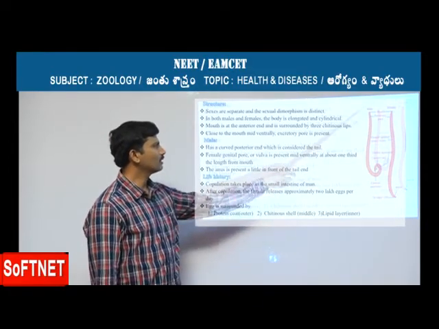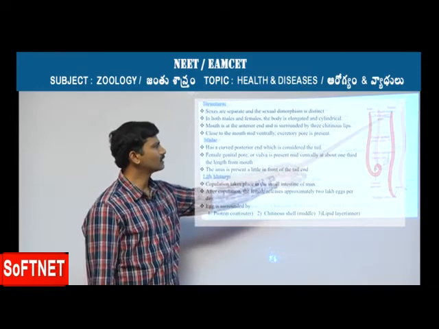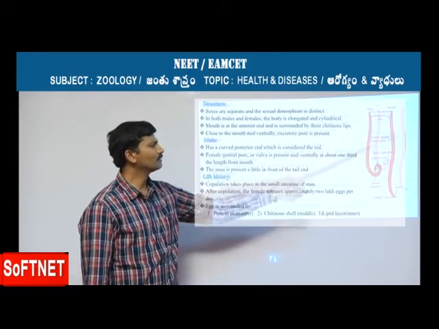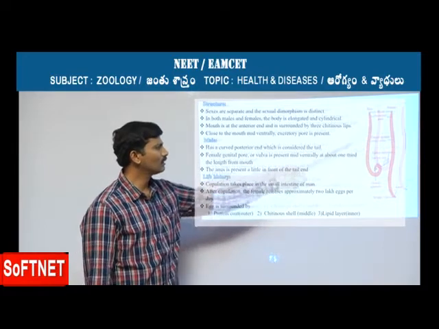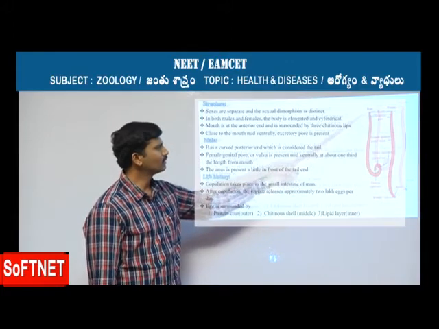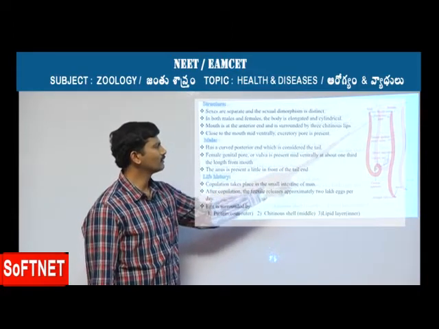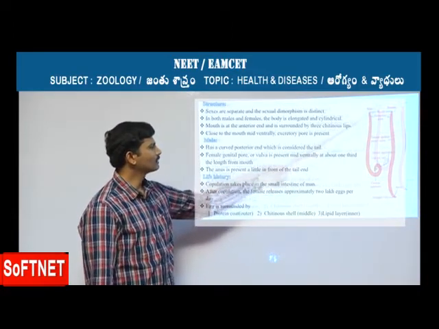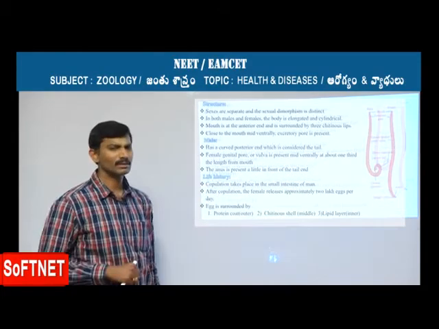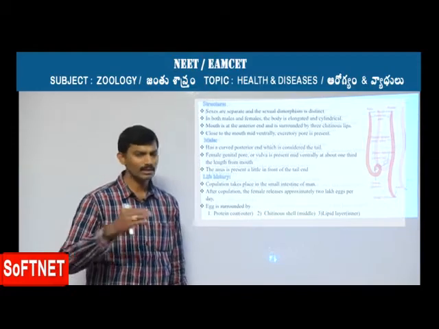Very close to the mouth, on the midventral side, is the excretory pore. These characters are common to both male and female.